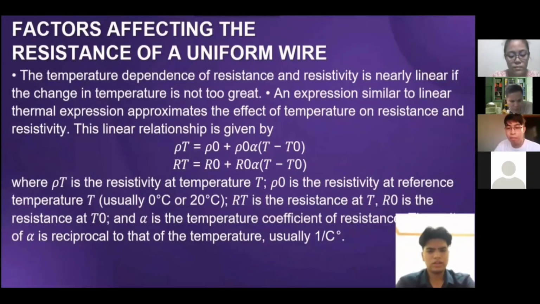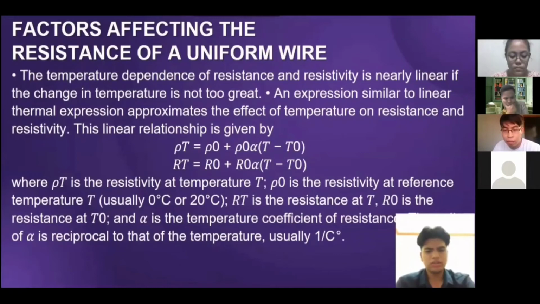This linear relationship is given by ρt is equal to ρo plus ρo α times (T minus To), and Rt is equal to Ro plus Ro α times (T minus To), where ρt is the resistivity at temperature T, ρo is the resistivity at reference temperature, usually 0 degrees Celsius or 20 degrees Celsius.